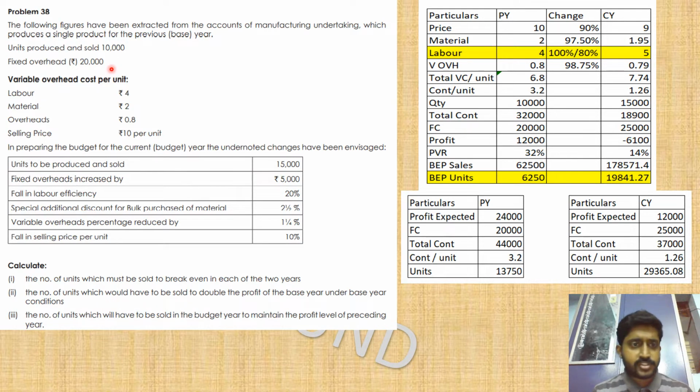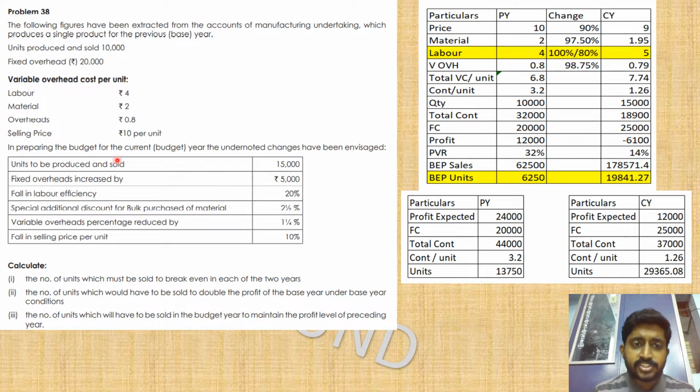Labor cost is 4 rupees, material cost is 2 rupees, and variable overhead is 0.8 rupees; these are all variable costs. Selling price is also given, so contribution can be found, and with units and fixed cost, total contribution minus fixed cost gives the profit. Let's see what the question is asking us.